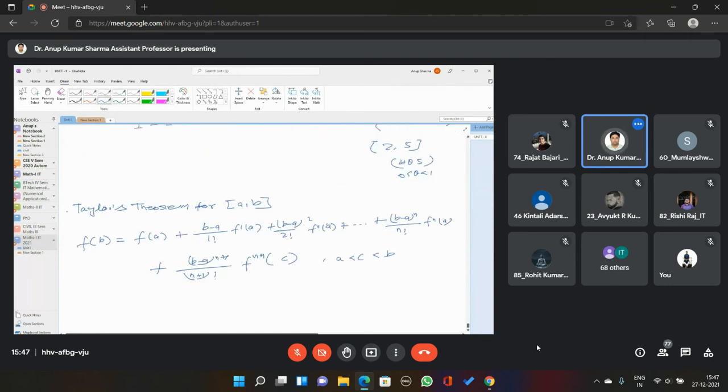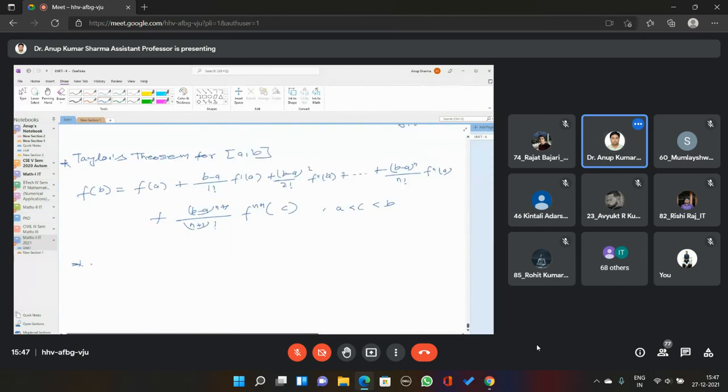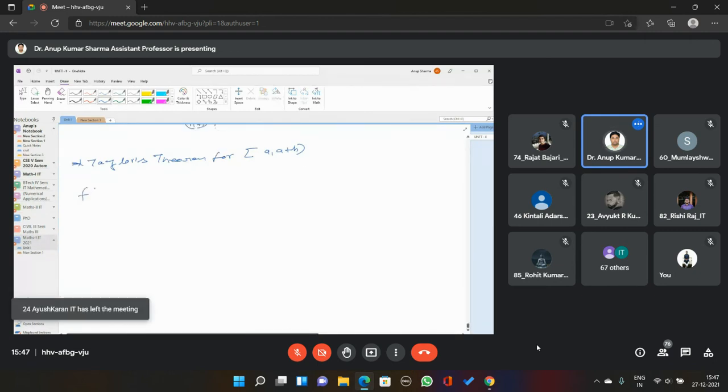One another form is Taylor's theorem for the interval a comma a plus h, where h is very small. So we write the function at the value a plus h.